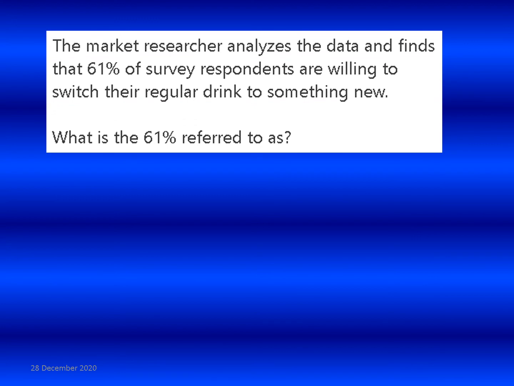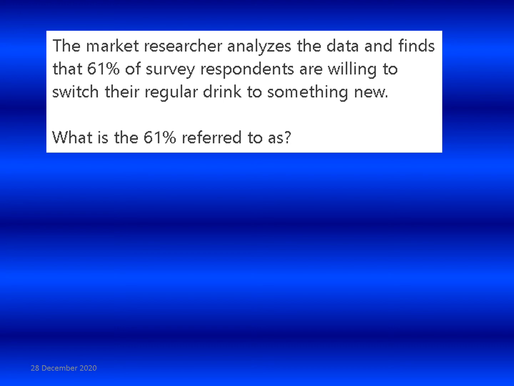The market researcher analyzes the data that she collected from participants and finds that 61% of the survey respondents are willing to switch their regular drink to something new. What is 61% referred to?